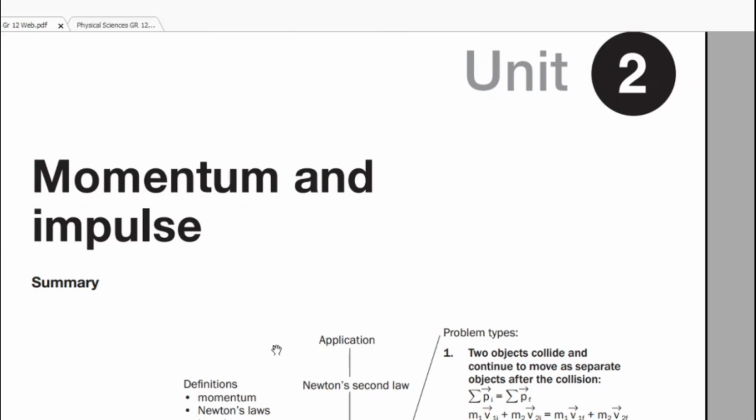Hello everyone. So welcome to the very first lesson of physical sciences. So kule lesson sizabe sidiscussa topic momentum and impulse, right? So as an introduction, bonuguti, it's best to look at the important definitions in this topic.